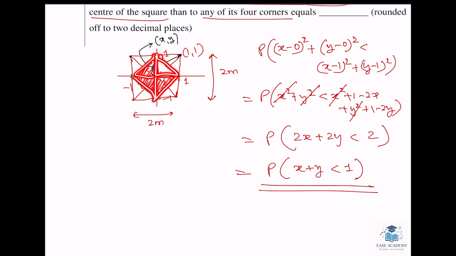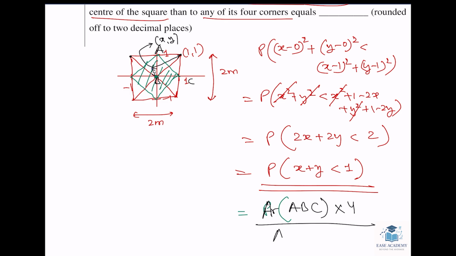So for the probability of that area, take the triangle as A, B and C. So the area of the region ABC into 4 divided by the area of the whole region, which we take as P, Q, R, S, the area of PQRS.